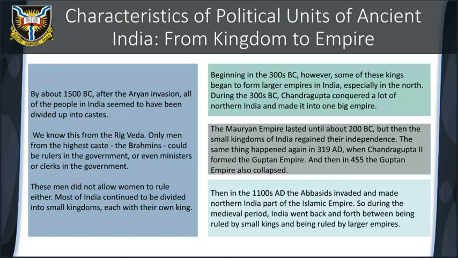The Mauryan Empire lasted until about 200 BC, but then the small kingdoms of India regained their independence. The same thing happened again in 319 AD when Chandragupta II formed the Gupta Empire, and then in 455 the Gupta Empire also collapsed.